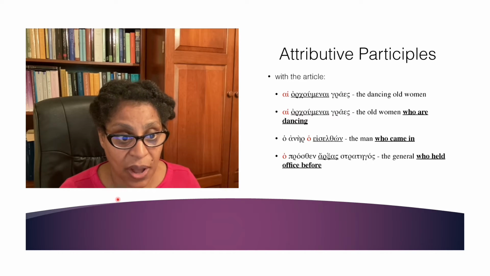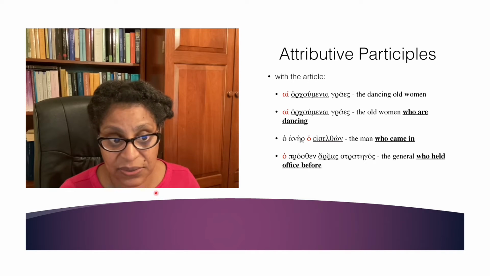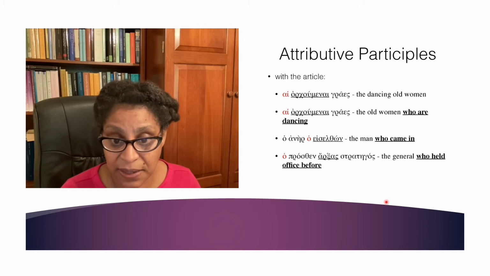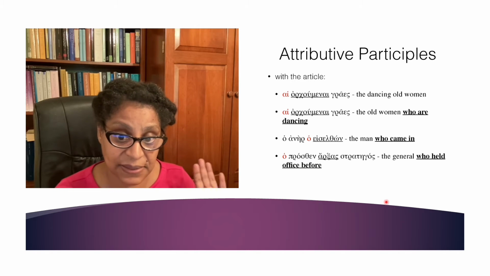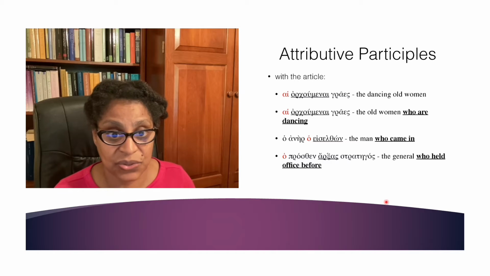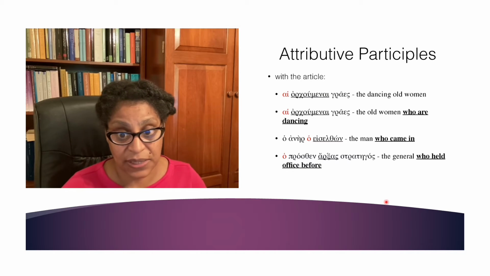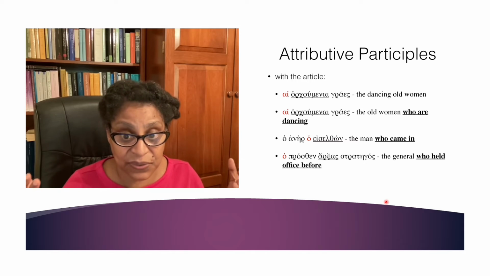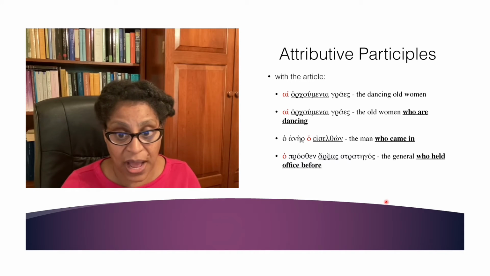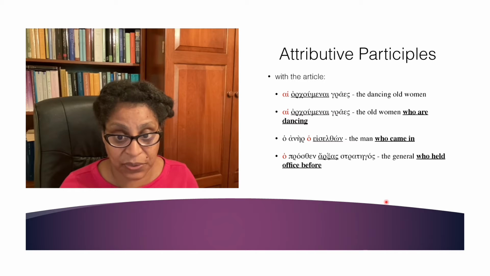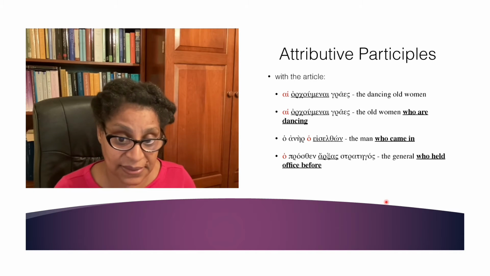Another example, ho aner ho is el thon, right? Again, the article tells you that this is attributive. So the man who came in. So this is an easy way to do the relative pronoun. As I said, Greek always has options. They have two options for how to deal with relative clauses.